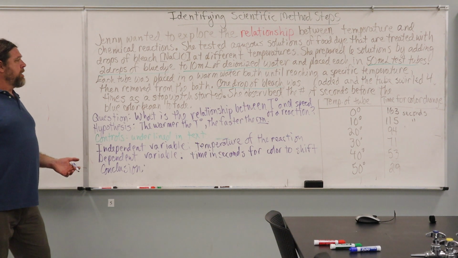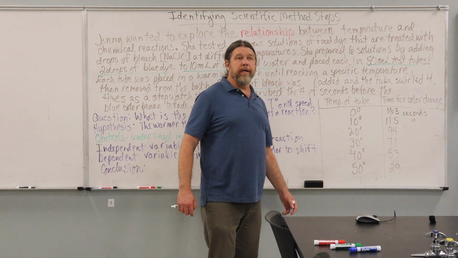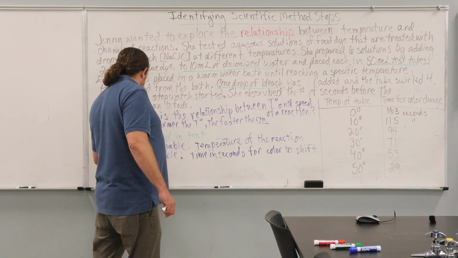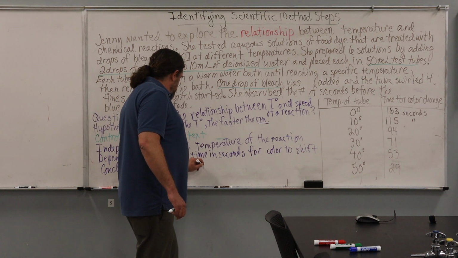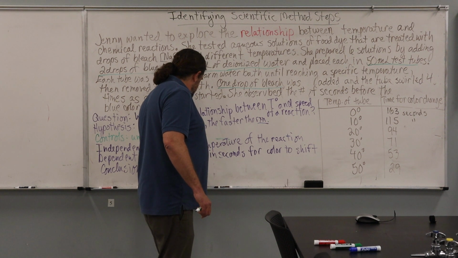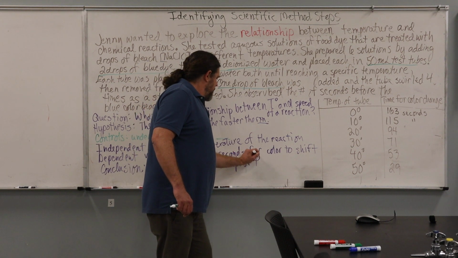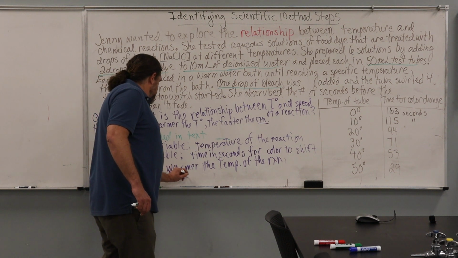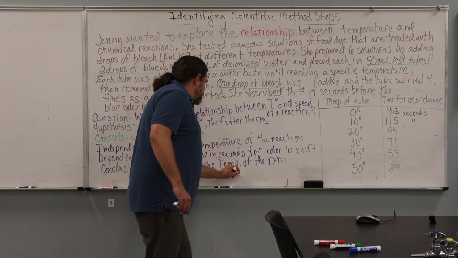And so our conclusion is, if we graphed this out, it wouldn't be perfectly linear, but it's a clear trend: the warmer the temperature of the reaction, the faster the reaction. At least that's what the data supports.